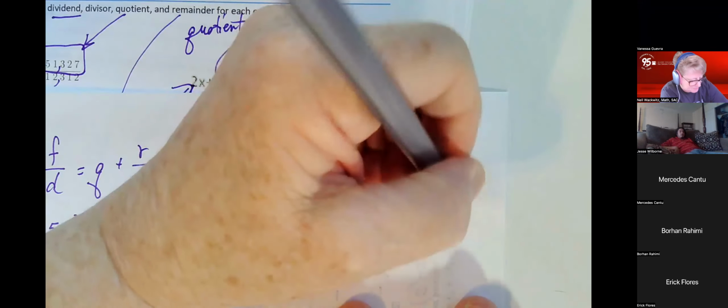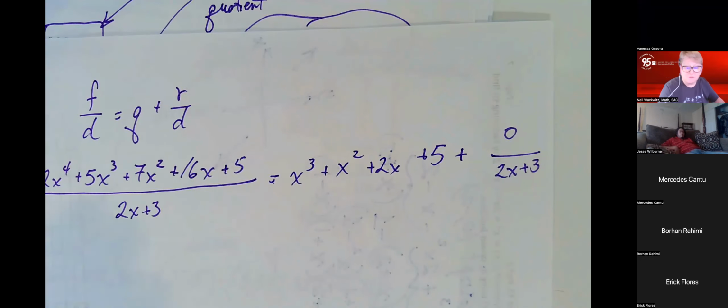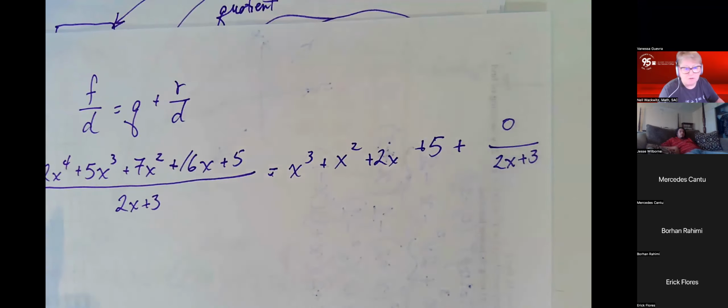The remainder was 0. The divisor was 2x plus 3. So we don't really necessarily have to write down 0.